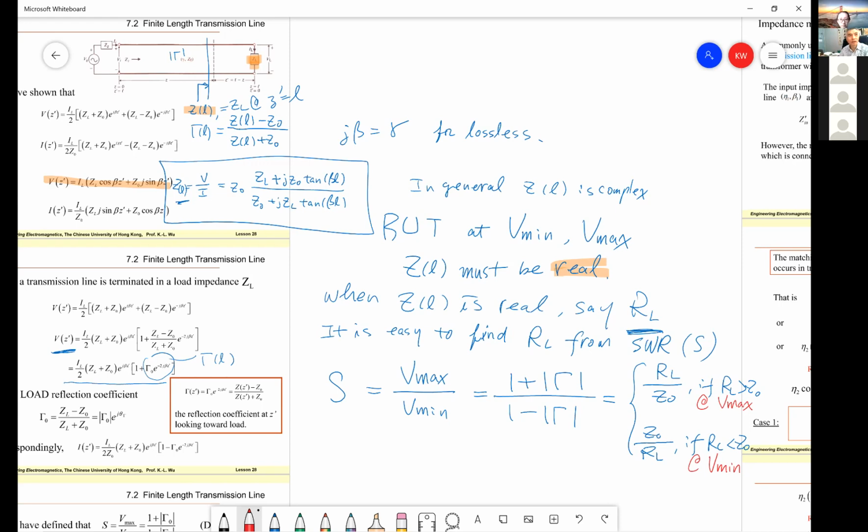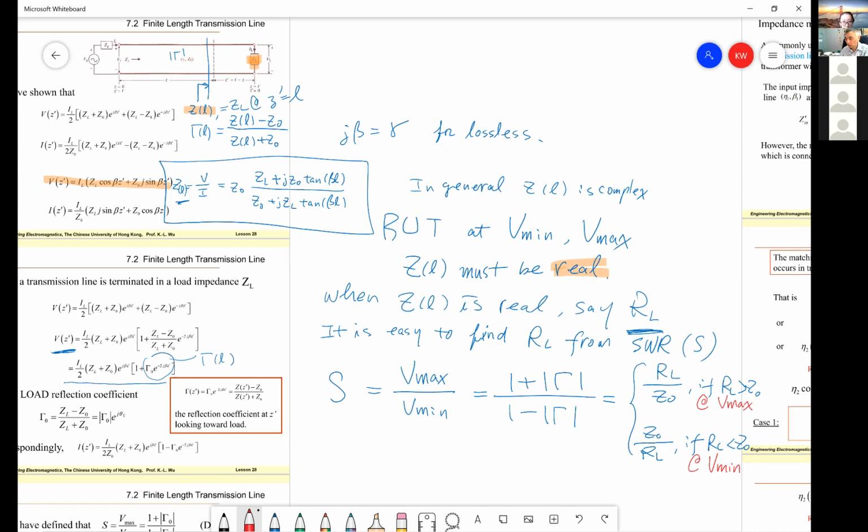Okay, so this is the logic. This is what the logic is. Why we are interested in voltage minimum and voltage maximum is because we can take this advantage. At the voltage maximum, we can use the standing wave ratio and characteristic impedance to easily find the load, which is real.